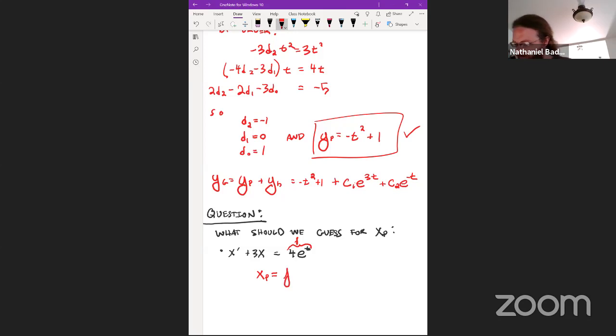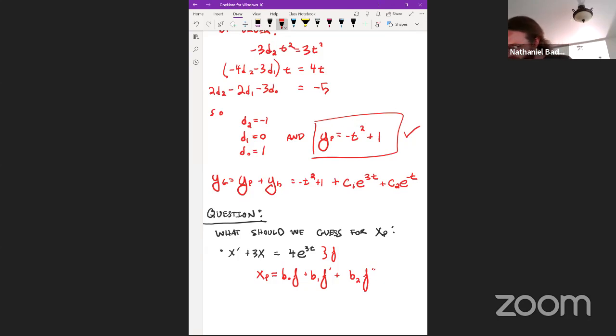So b0 f plus b1 f prime plus, let me actually make this even more complicated so we can see it, let's say e to the 3t, plus b2 f double prime, et cetera, et cetera.